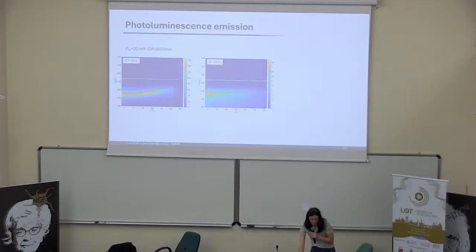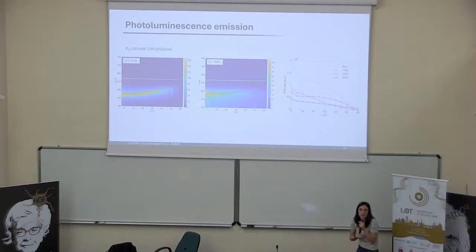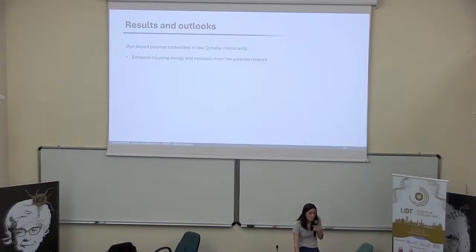Of course there is a trade-off, as I said before, because increasing the concentration too much will inevitably quench the emission. So there is a trade-off between large strong coupling and high photoluminescence efficiency.